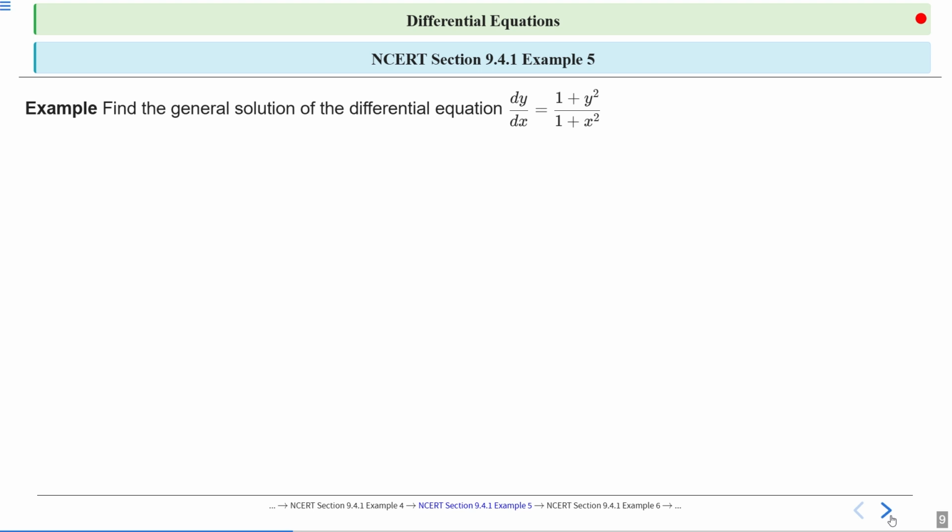And on the right hand side, there is a function (1 plus y square) by (1 plus x square) with two variables, that is f(x,y). But we can write this f(x,y) as a product of two functions, one with variable x and one with variable y, that is g(x) into h(y), and here g(x) is 1 by (1 plus x square) and h(y) is 1 plus y square.